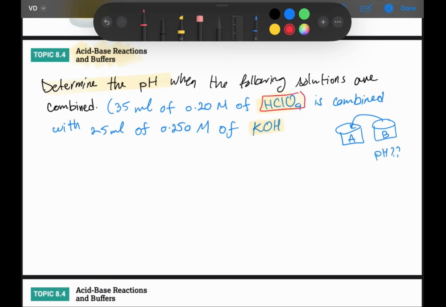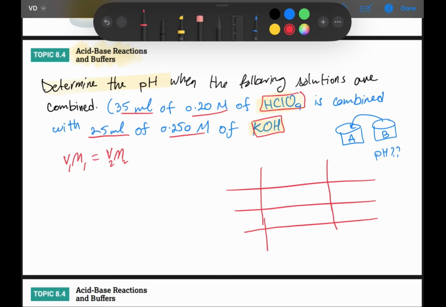Since we're given an acid and a base with their molarities and their volumes, we have to apply the MiVi equals MfVf thing. Since we're adding two solutions to each other, we're going to calculate their new molarity. We have to make a small table first.